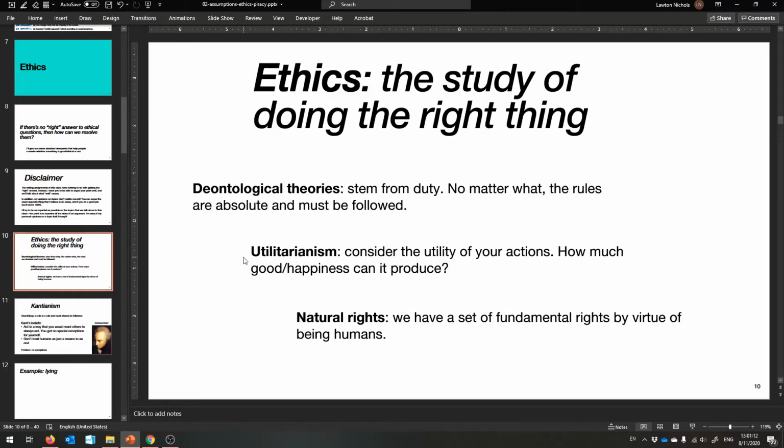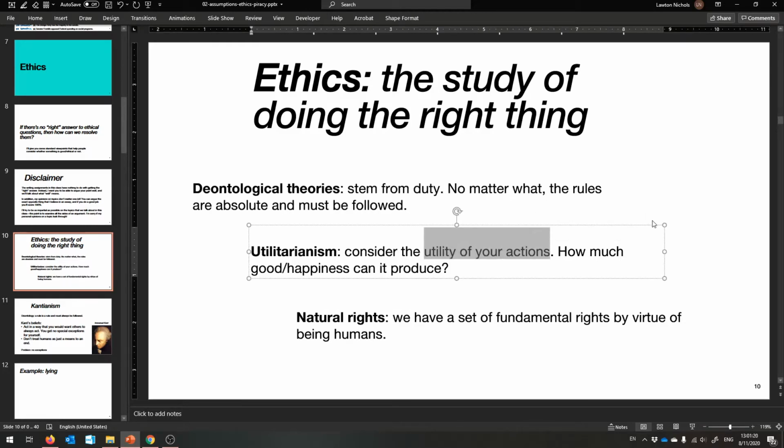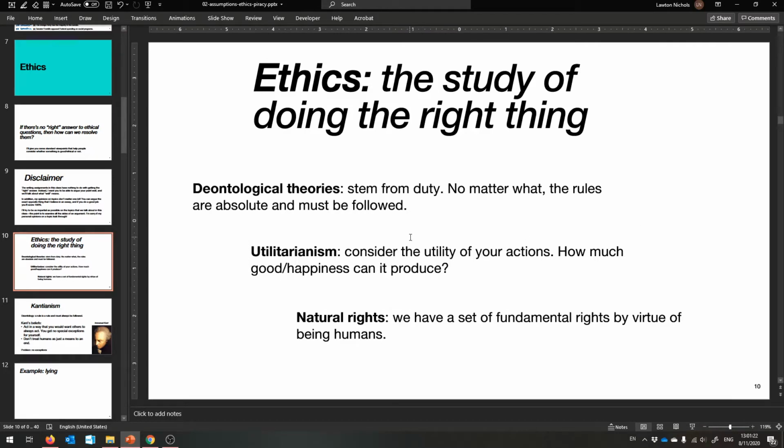Then there's utilitarianism, which maybe if you took economics, you know this term, and it considers the utility of the actions or the issue. So how much good can it produce if you do this thing? How much happiness can it produce? That is utility in this case. And then there's a thing called natural rights, which you might be tired of from U.S. history, and we won't really touch on this in this class.